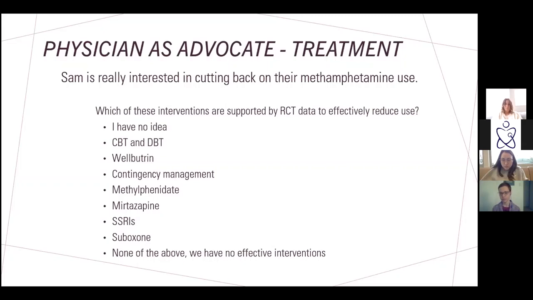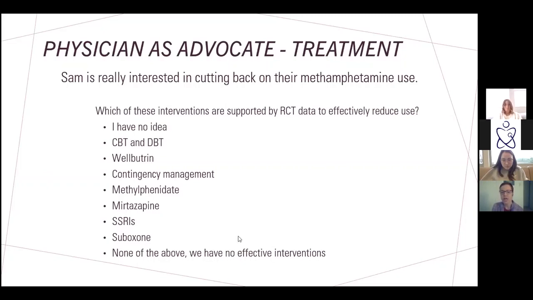All right, last votes in the next couple seconds. Cool. Okay, beautiful. So pretty big distribution, some votes for everything, with CBT and DBT leading the pack.